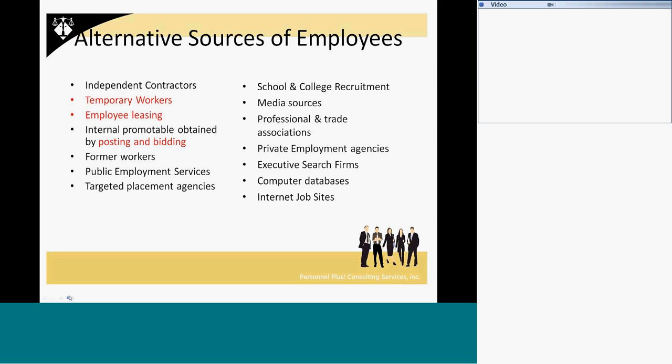Temporary workers are people who are hired for a contingency, and the term contingent worker is often used here as well. A contingent worker is somebody who's hired for a specific reason or a specific period of time.